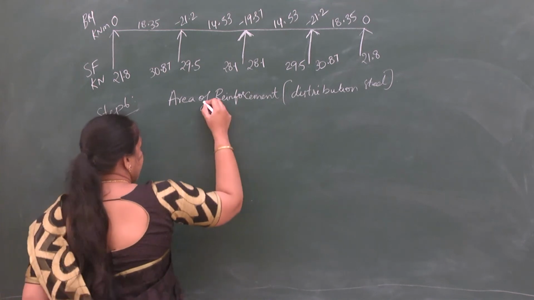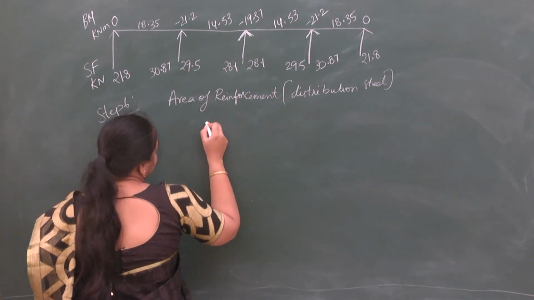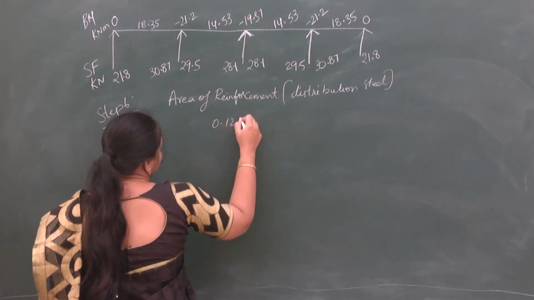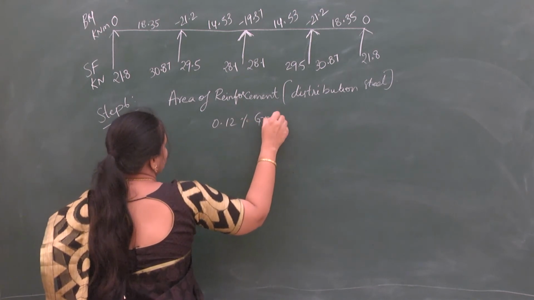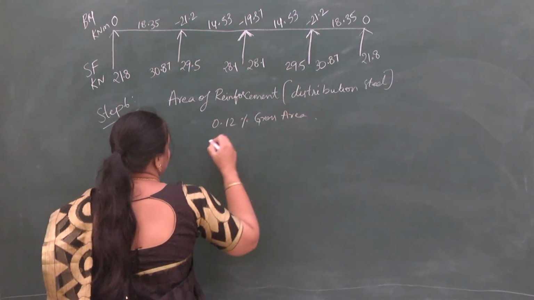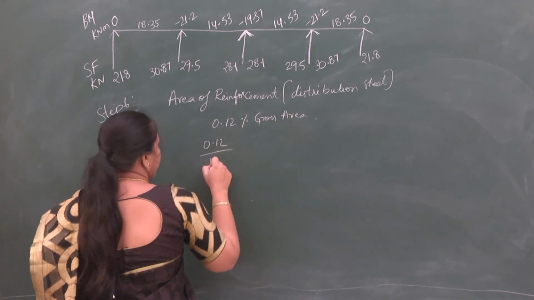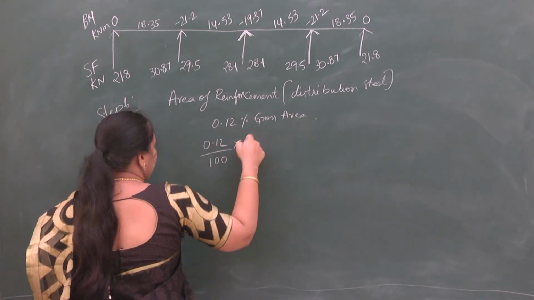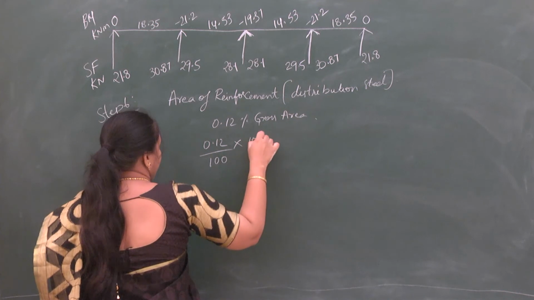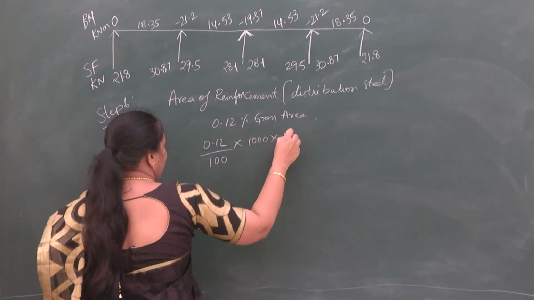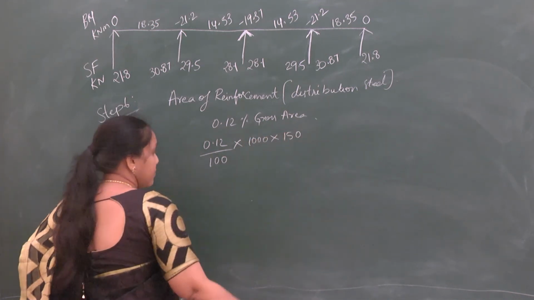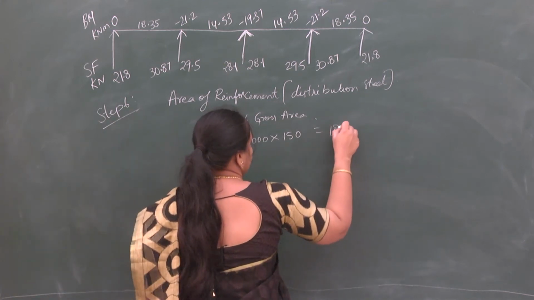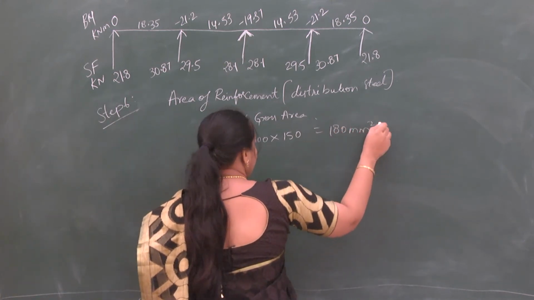How will we calculate? The formula is 0.12% of the gross area. So 0.12 divided by 100 into B into D. B here is 1000 and D will be the overall depth of the slab, which is 150 mm. If you solve this, you will get a value of 180 mm square.